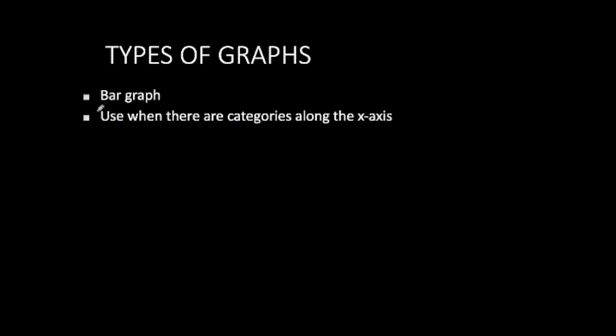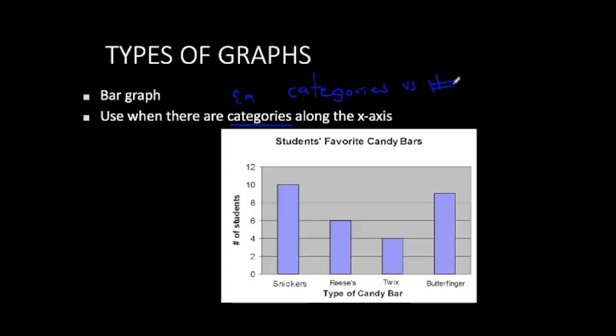The next type is called a bar graph, and we use this when we graph categories versus numbers. For example, this bar graph has the type of candy bar as our category, and our number of students is on the y-axis.